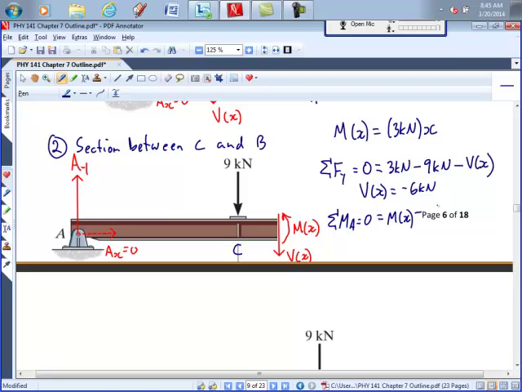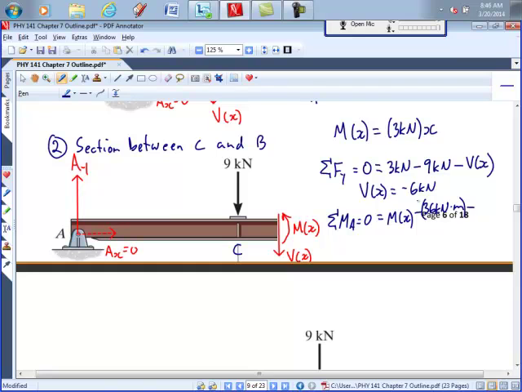And I've got minus 9 kilonewtons times 4 meters. 9 times 4, 36. And then we're going to have minus x times Vx.